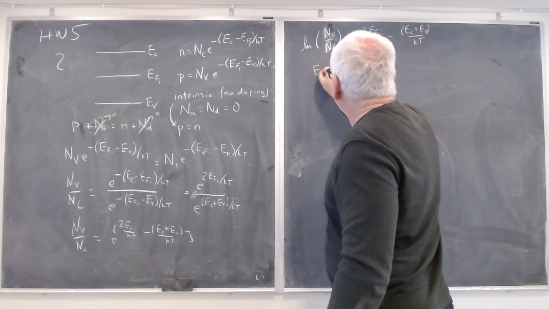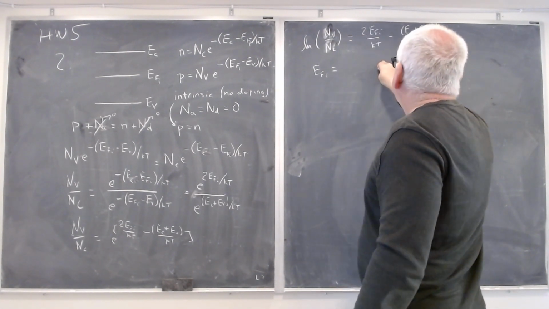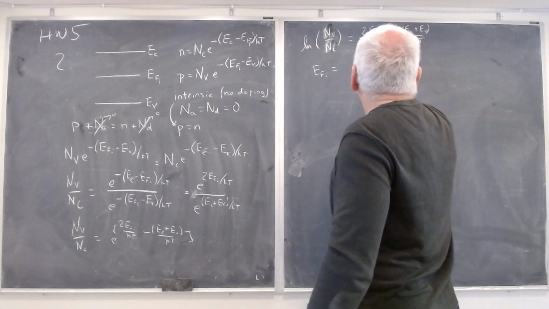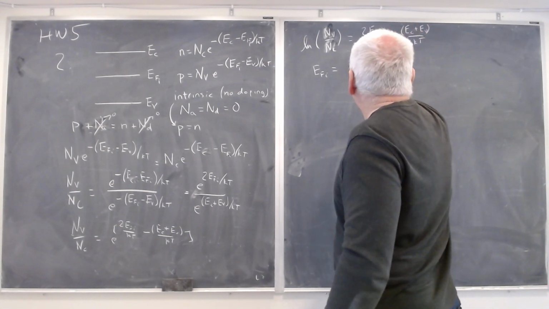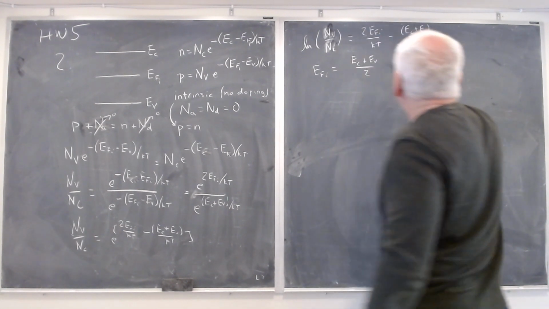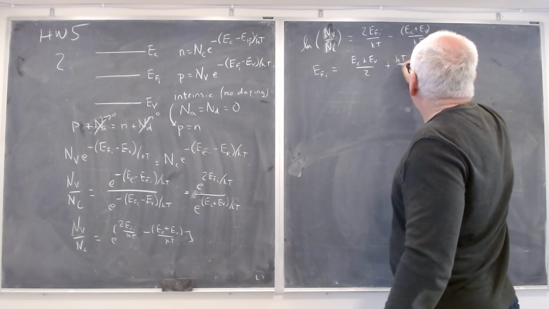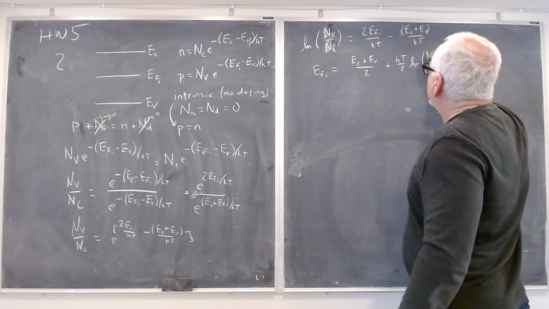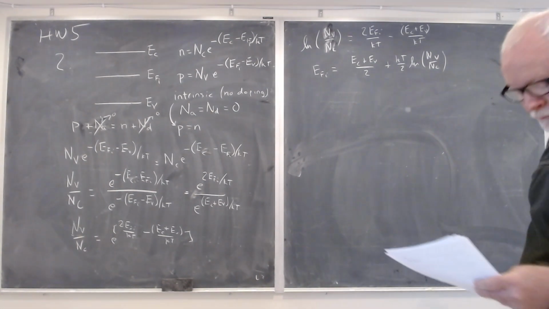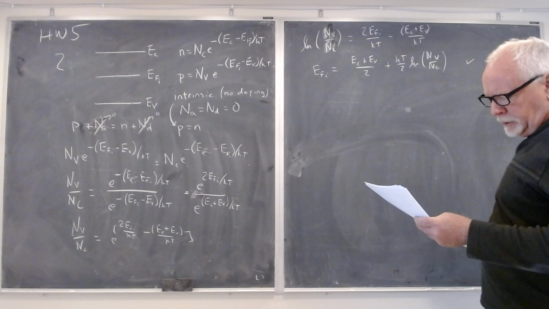So EFi is equal to, rearranging this, EC plus EV over 2 plus kT over 2 logarithm of NV over NC. And, you know, that's the answer.